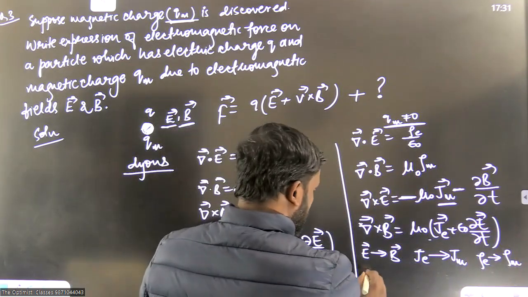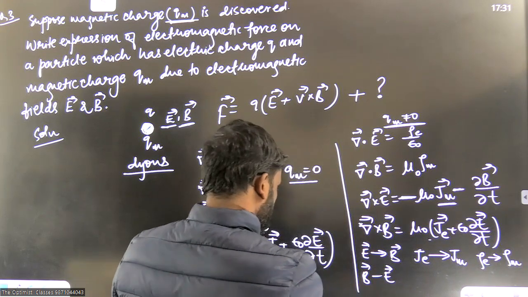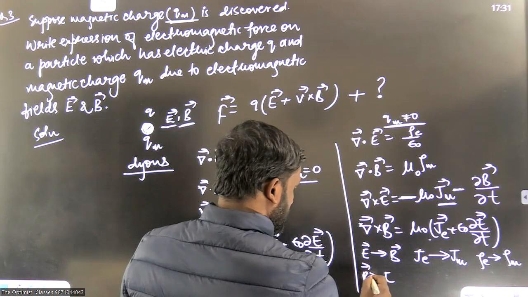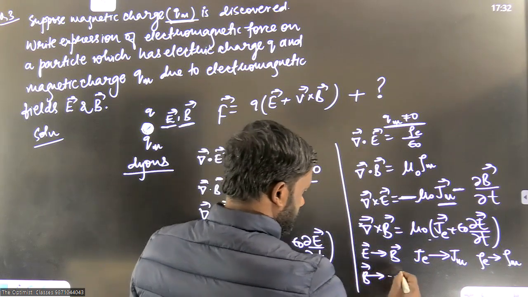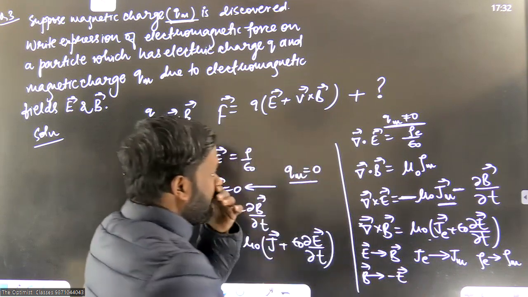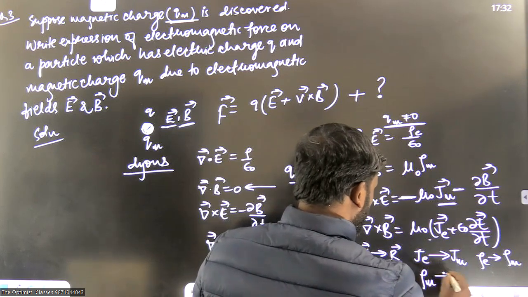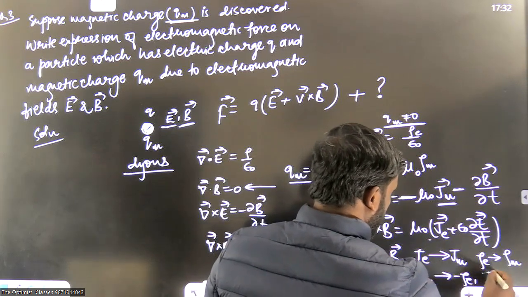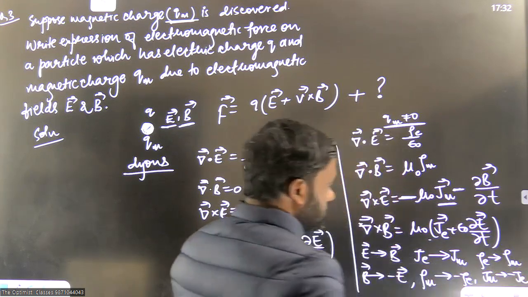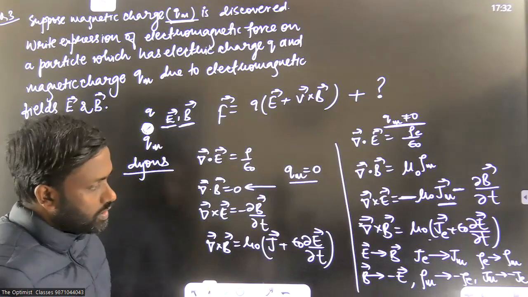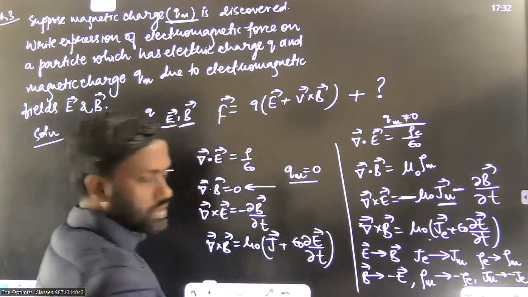You can convert B into minus E, rho M into minus rho E, and Jm into minus Je. If you do this kind of transformation, one set of equations transforms into another set of equations.